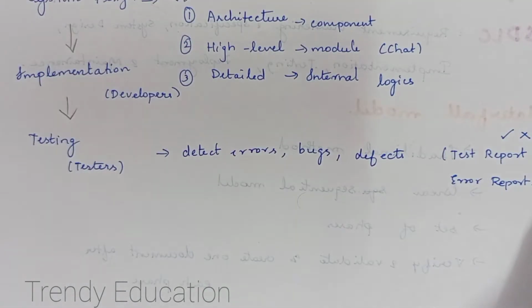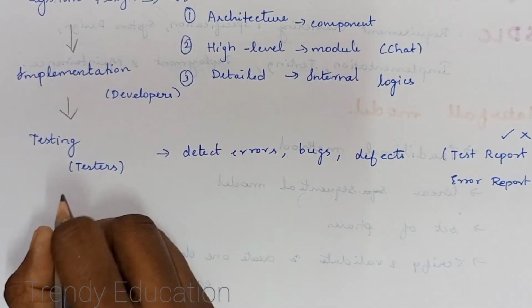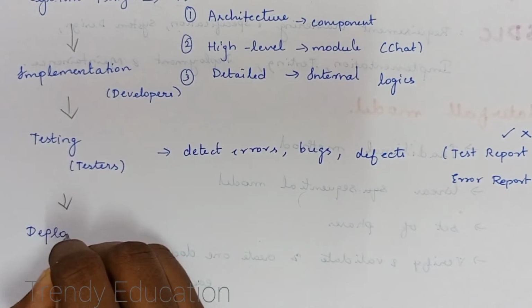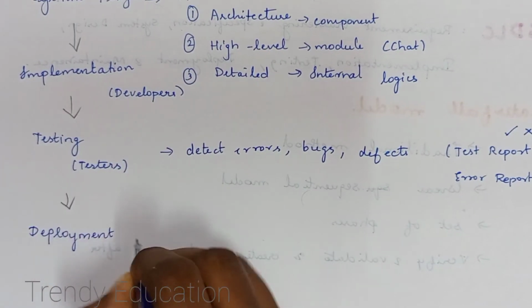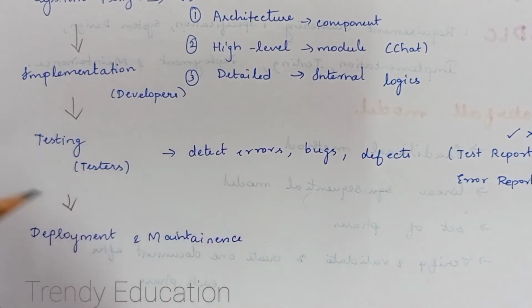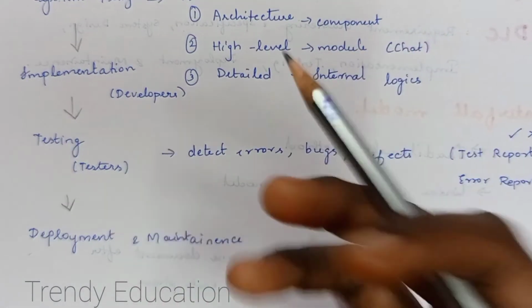After testing, we'll have deployment and maintenance. This stage is simple: they'll deploy the application or software, whatever it is, into an environment, like Play Store, internet, and so on.